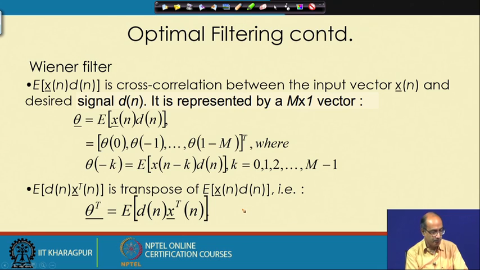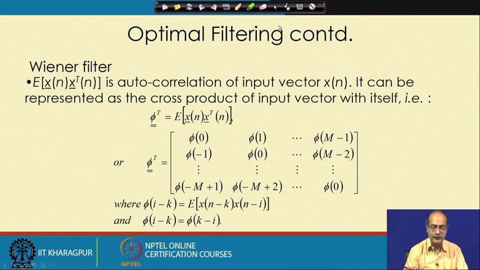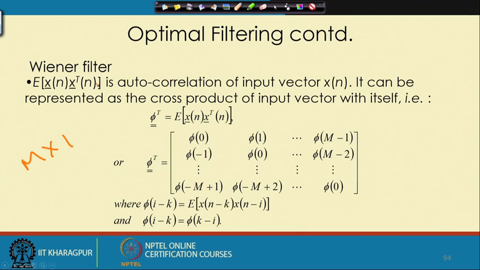Okay. Then we look at the fourth term that we have received here, which is the cross product between x n and x n. Here if you check the dimensionality, x n has dimensionality, say, m by 1, and x transposed has 1 by m.